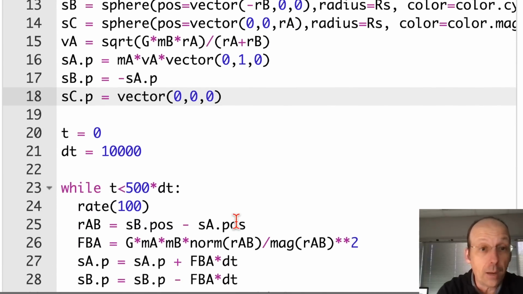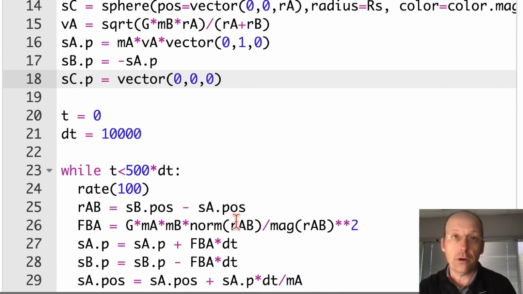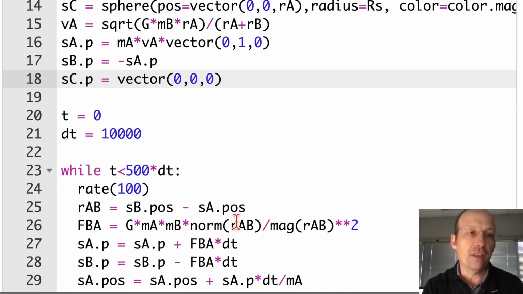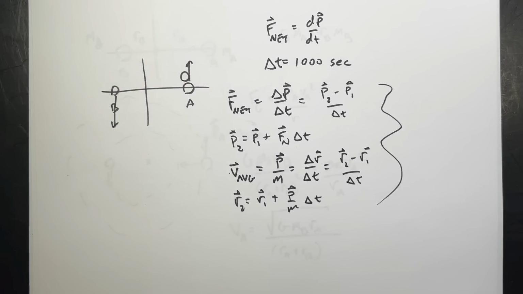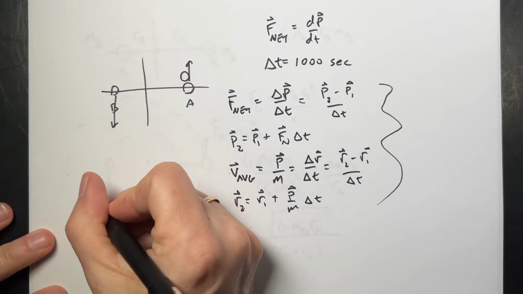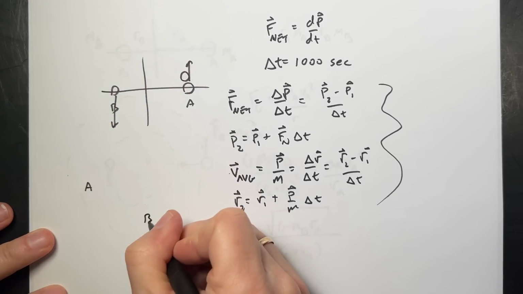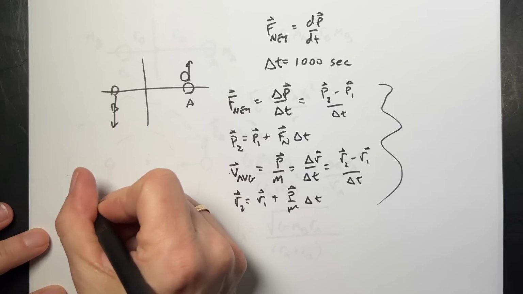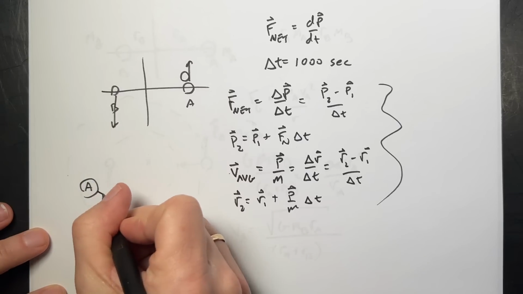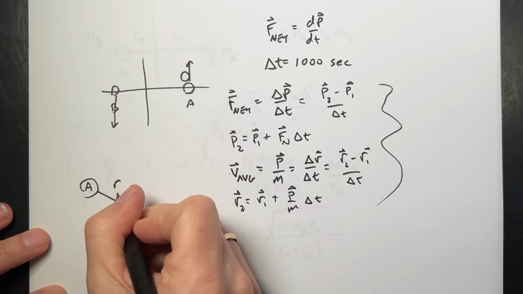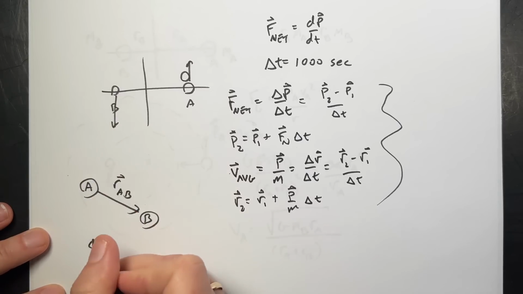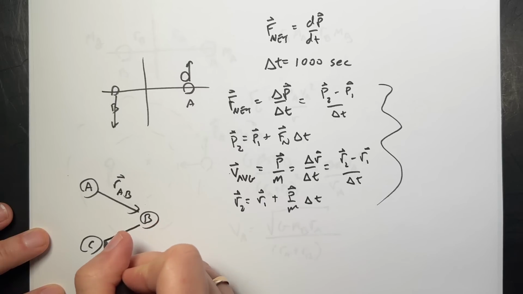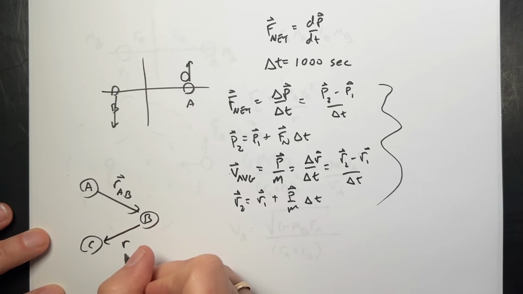Now we have an option. I do want to go to paper real quick here, because how do we calculate these 3 vectors and these forces that we're going to have to deal with? So I have A, B, C. I calculated this, R_AB. Now I'm going to calculate this vector, R_BC. Notice my convention.